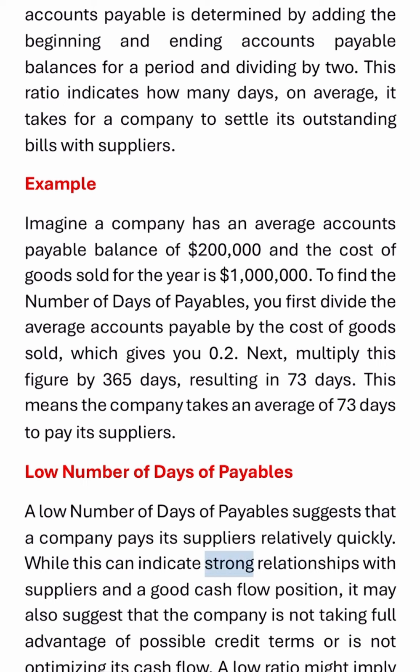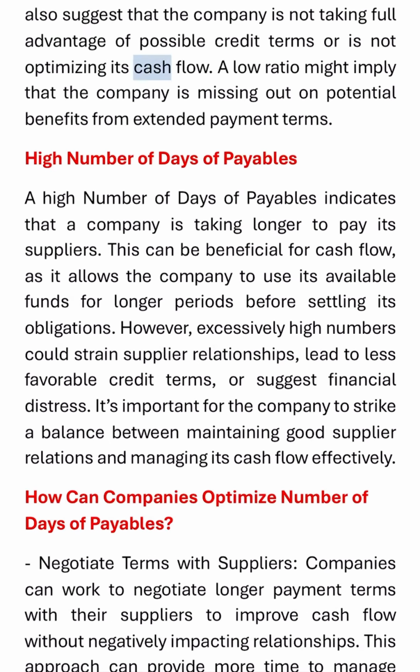While this can indicate strong relationships with suppliers and a good cash flow position, it may also suggest that the company is not taking full advantage of possible credit terms or is not optimizing its cash flow. A low ratio might imply that the company is missing out on potential benefits from extended payment terms.